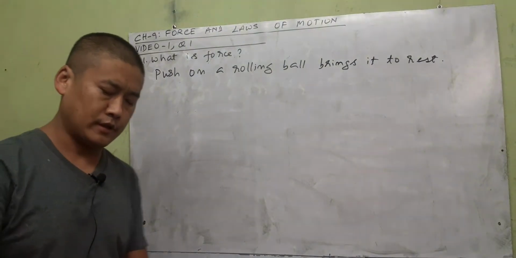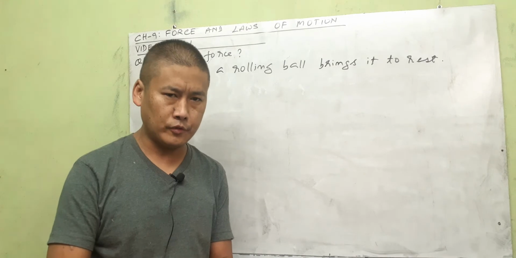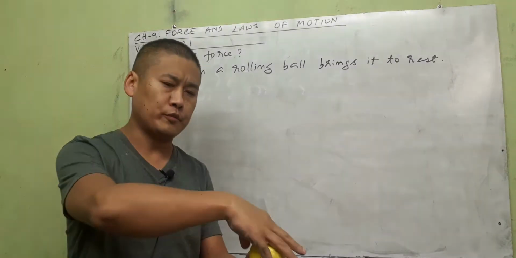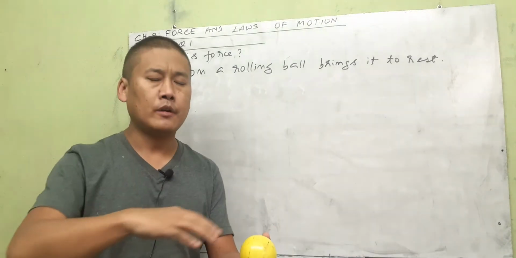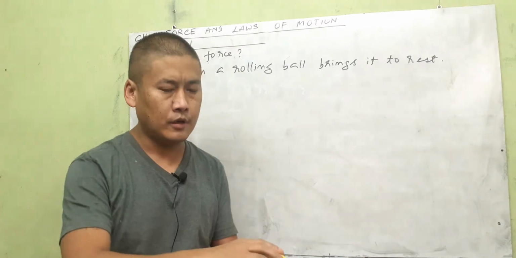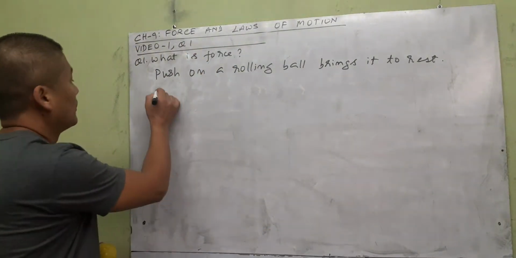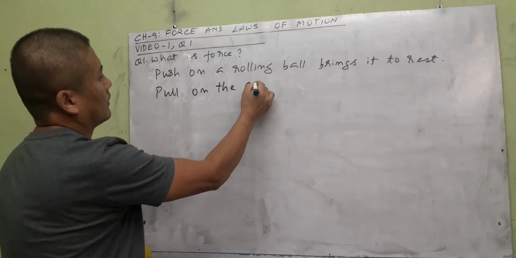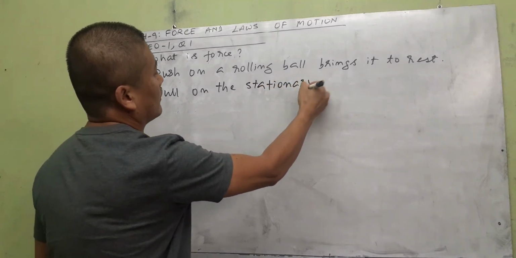Then the ball is now stationary. Now you push or pull the ball. Let's say this time you pulled it. So on a flat table you pull the stationary ball. Stationary means the one which is at rest.